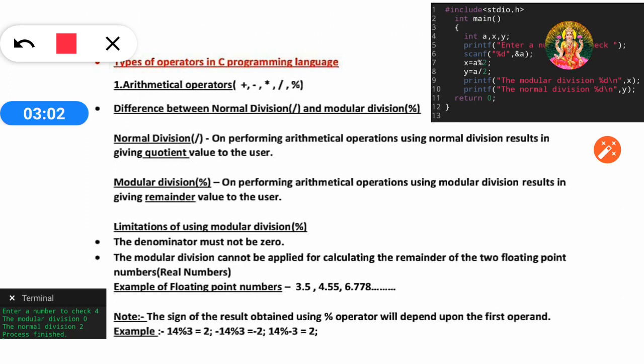You can easily read the statement that performing arithmetical operations using normal division results in giving the quotient value to the user. The quotient value here is underlined because it serves as a keyword while writing in your examination papers, and this word will help you get marks. Okay, is that clear students?